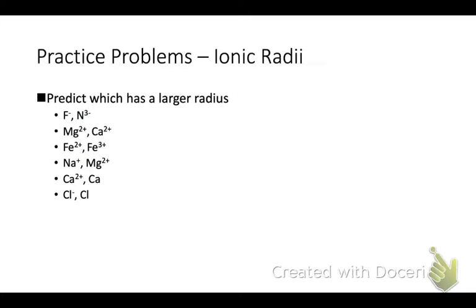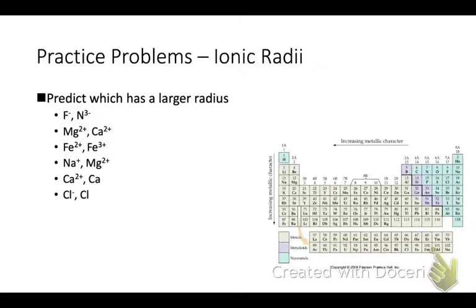All right, so now let's predict which one has a larger radius. If you have a fluoride and a nitride, these two are both isoelectronic with neon. So the more negative, the larger. So nitride should be larger than fluoride.